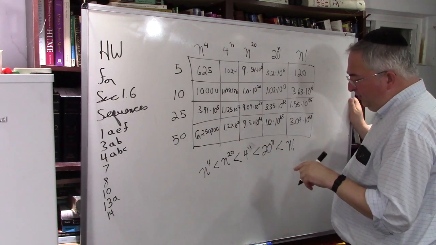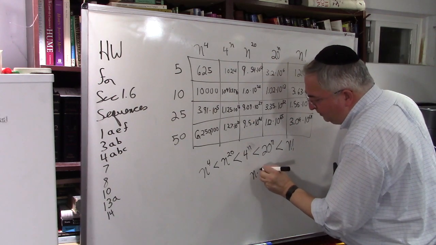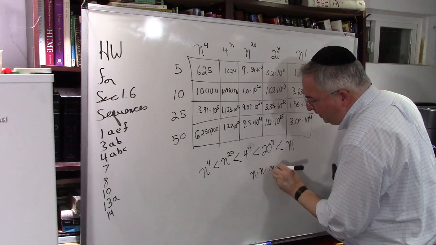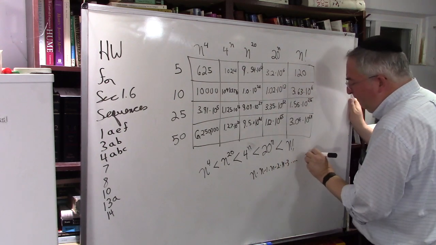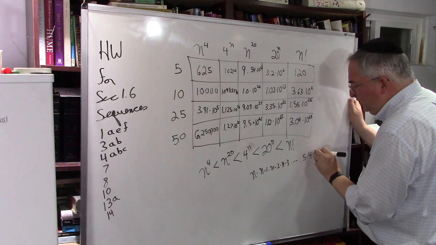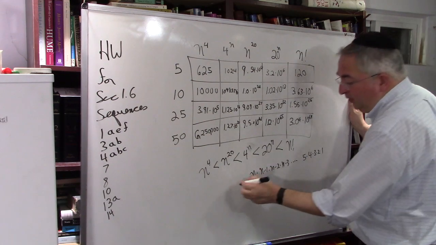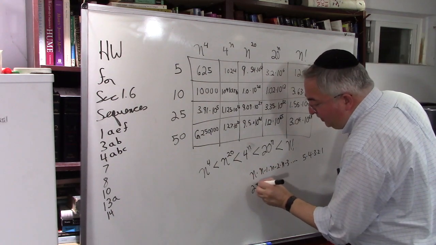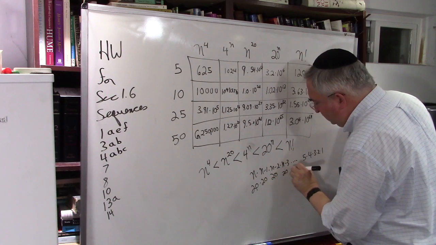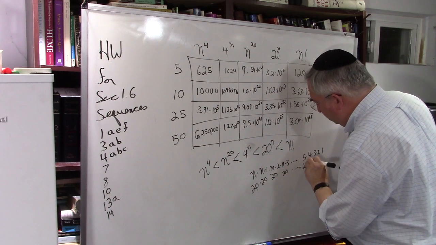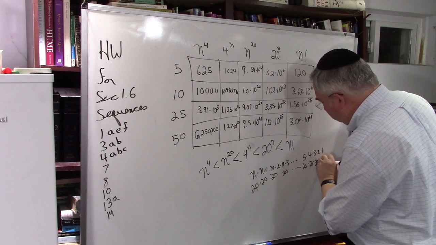So let's take the number, because this is going to be n times n minus 1 times n minus 2 times n minus 3, down to 5 times 4 times 3 times 2 times 1. That's n factorial. This is going to be 20 times 20 times 20 times 20, and so on.